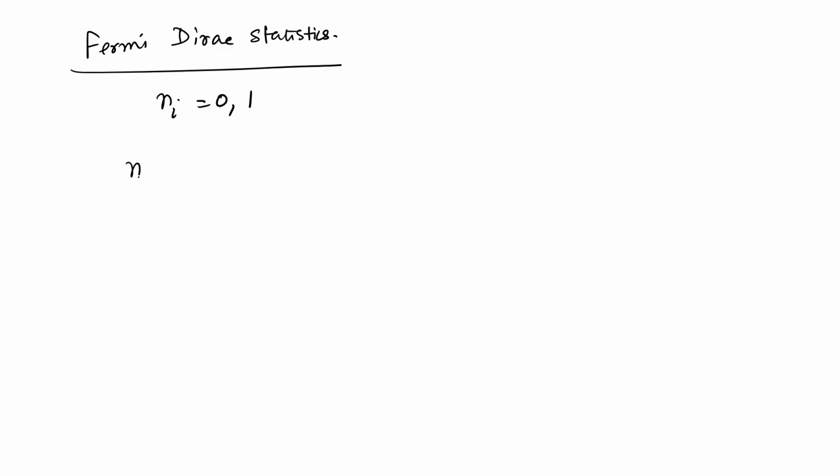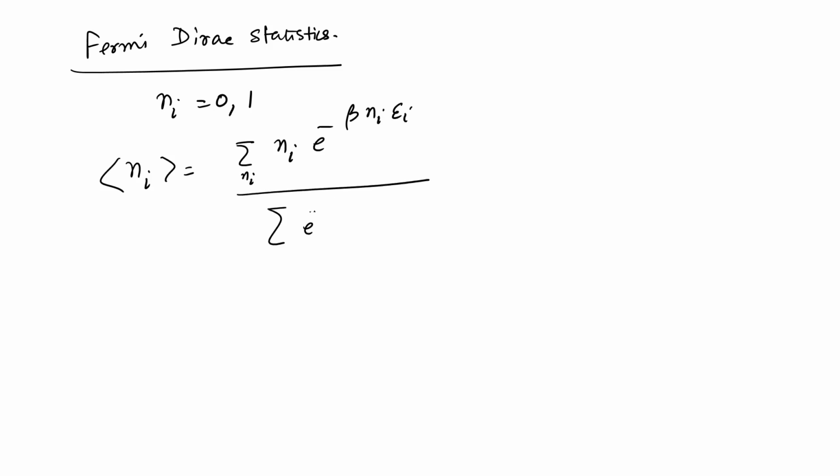So, this expression, the sum over Ni of Ni times exponential minus beta Ni epsilon I, divided by the sum of exponential minus beta Ni epsilon I, has just two terms. So, Ni is equal to 0 and 1 as I just wrote here.